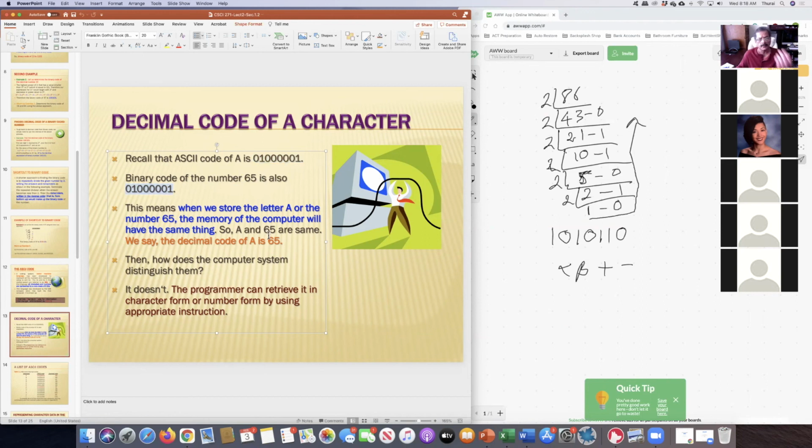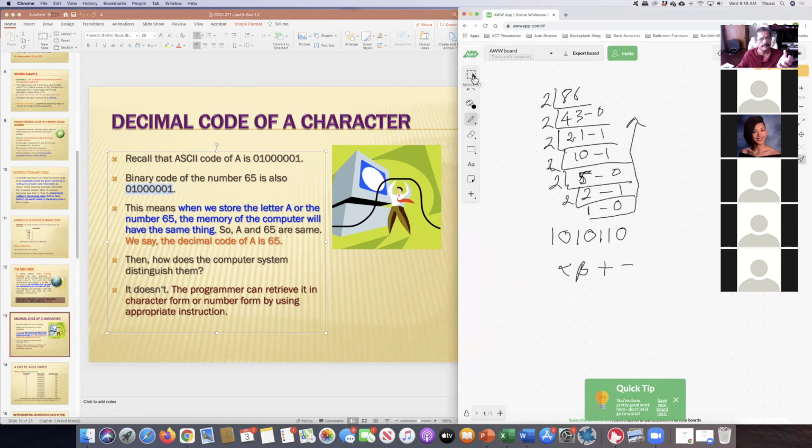So how does the computer know whether you have stored a character or a number, whether you have stored the character A or the number 65? How does it know? Anybody? Well, it doesn't. You don't even have to tell it.